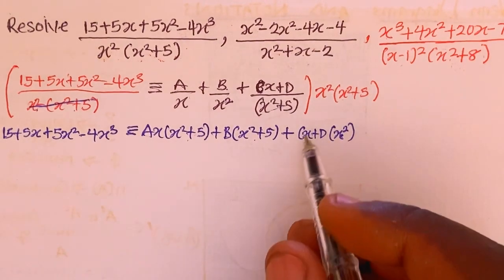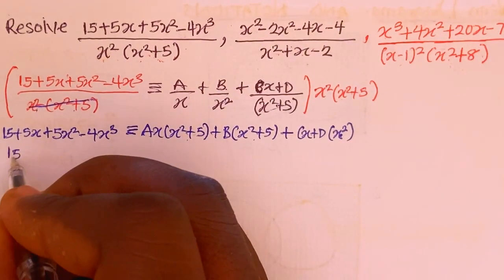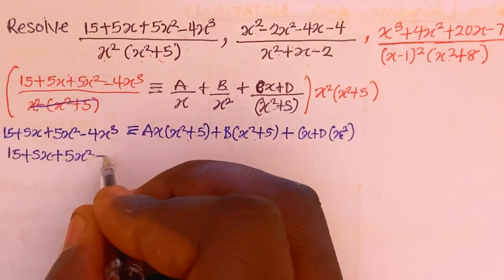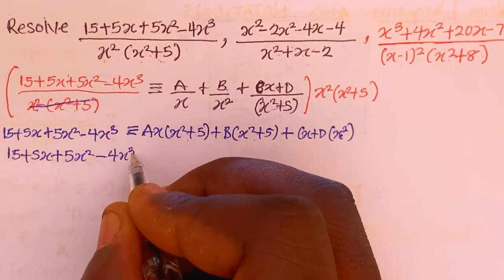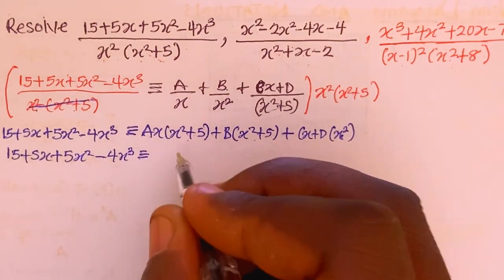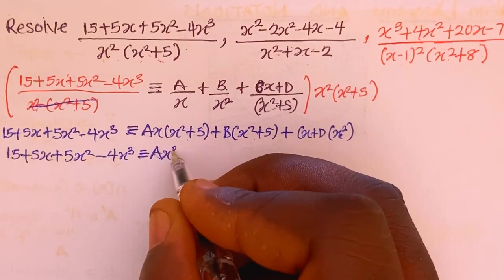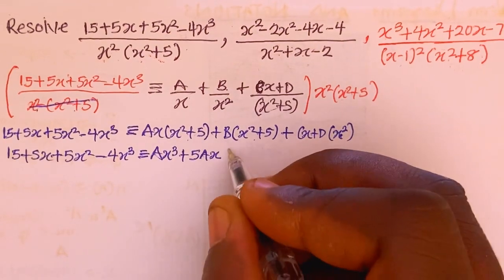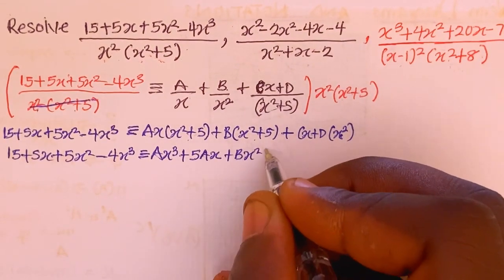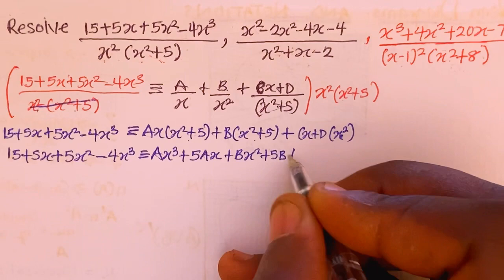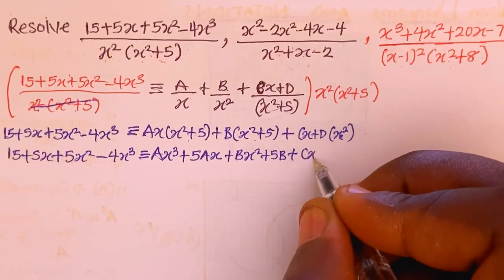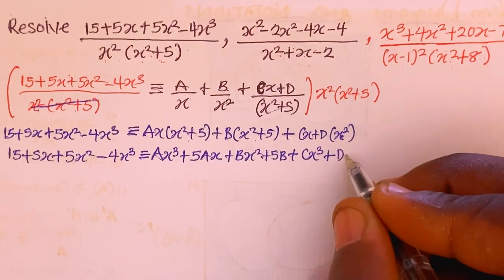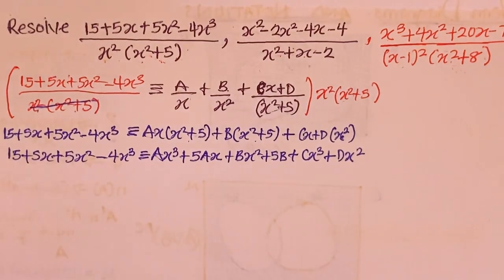Opening the brackets, I'm going to have 15 plus 5x plus 5x squared minus 4x raised power 3 is equivalent to Ax raised power 3, then plus 5Ax, then plus Bx squared plus 5B, plus Cx raised power 3, then plus Dx squared.